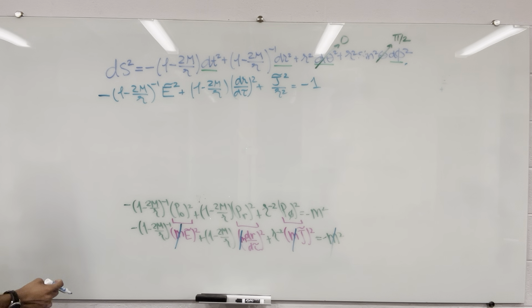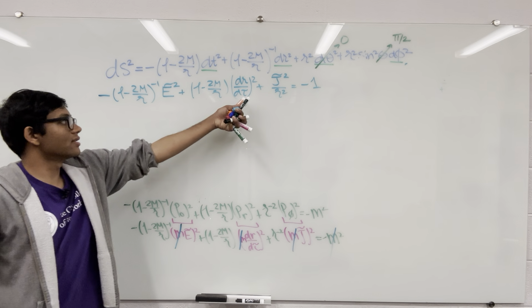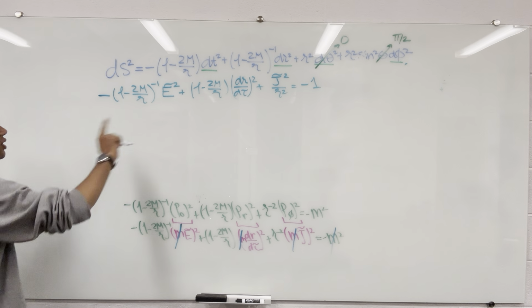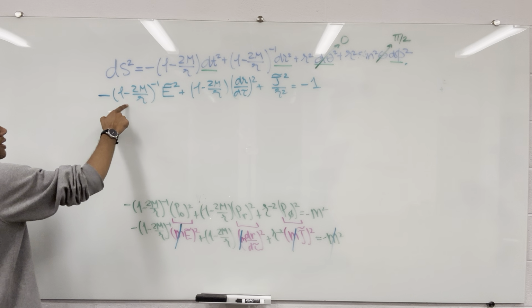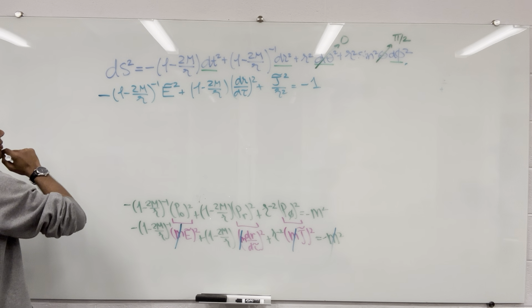Okay, now let's solve for kinetic energy dr d tau squared. Let's multiply through by 1 minus 2m over r.